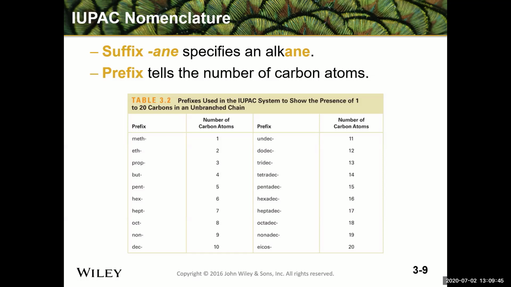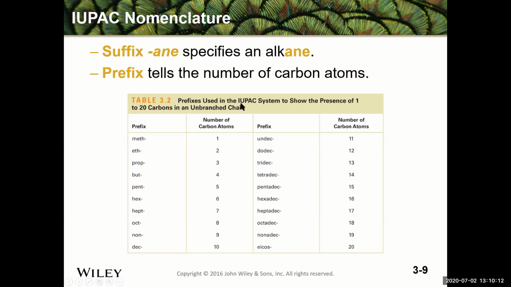So we have a vast array of organic compounds, and that holds true for alkanes. We can write the condensed formula or the line angle formula, but it's convenient sometimes to write out the name of the alkane, and that goes for other classes of organic compounds too.